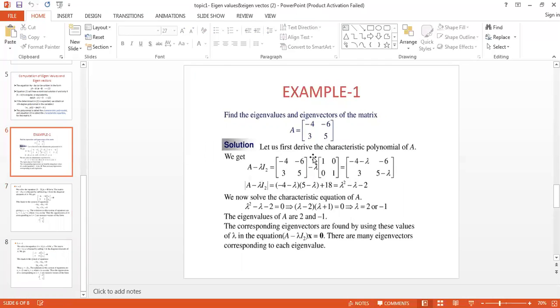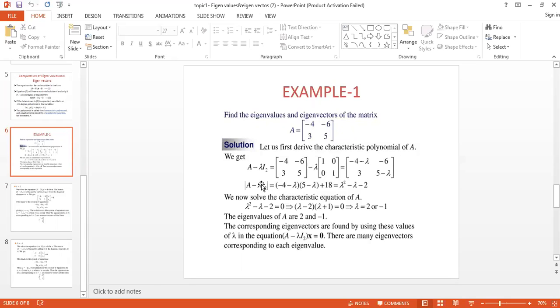First write A minus lambda I. So A minus lambda I equals [-4, -6; 3, 5] minus lambda into the identity matrix of order 2, [1, 0; 0, 1], that equals [-4 minus lambda, -6; 3, 5 minus lambda].